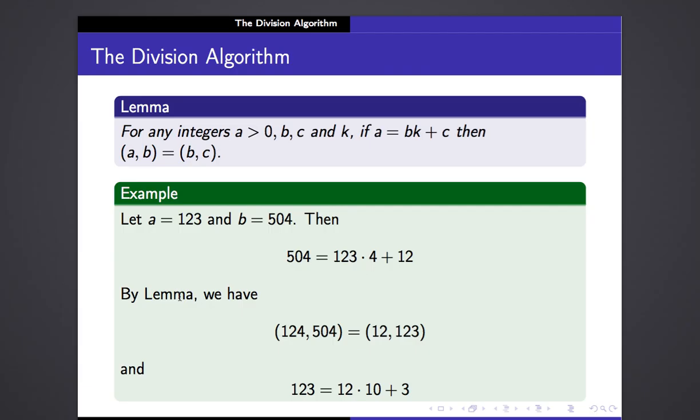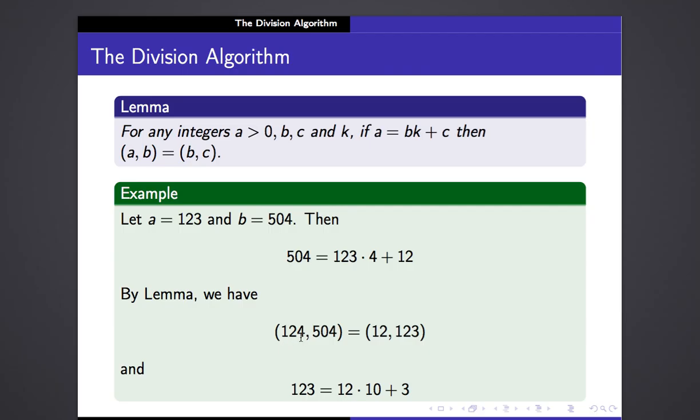So applying this lemma, or actually, applying the division algorithm we talked about, we see that the greatest common divisor of 1, 2. Here there's a typo. Sorry about that. It should be 1, 2, 3. Okay, so I gotta fix this.